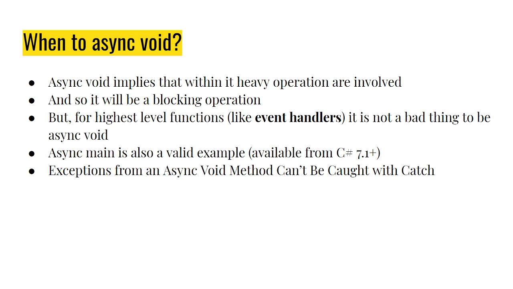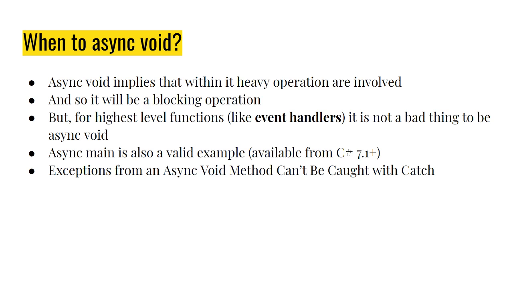So when should we use async void? As I said, usually you have async Task, but sometimes async void is needed. It's usually a smell and a bad thing to have async void. Async void means that it has a task within itself, but it's not awaitable because it's void. You can only await a Task or a Task which carries a result.